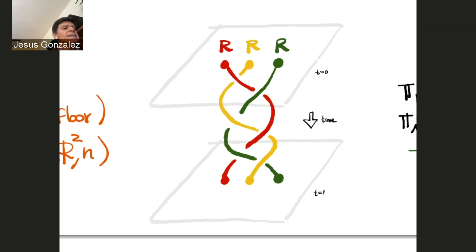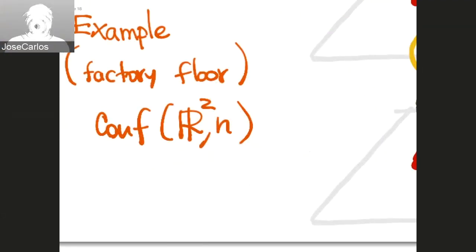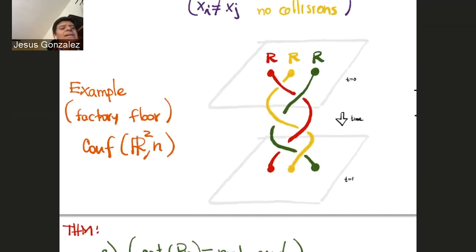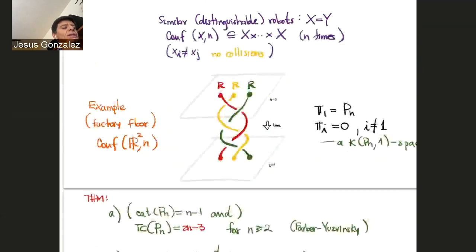So what I'm saying is that the configuration space of n points on R2 precisely has fundamental group given by the classical Artin group of pure braids. And this is a very interesting space for the eyes of a topologist, because not only is its fundamental group the classical Artin group of pure braids, but it doesn't have any higher homotopy groups.